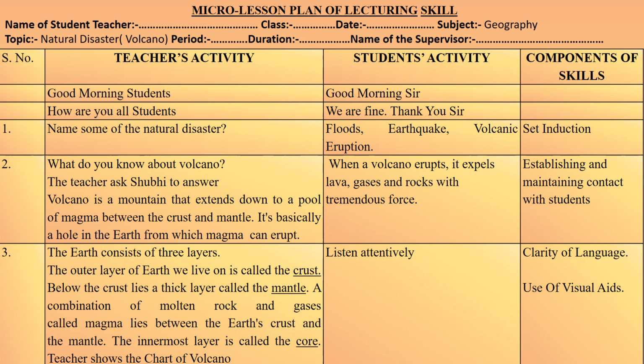The outer layer of earth we live on is called the crust. Below the crust lies a thick layer called the mantle. A combination of molten rock and gases called magma lies between the earth. The students will listen attentively. The components of the skill are clarity of language and use of visual aids.